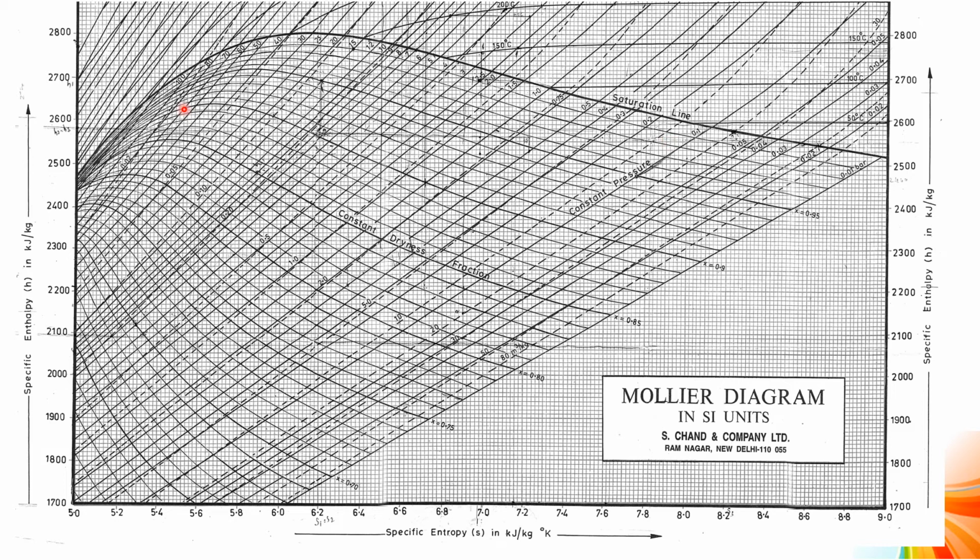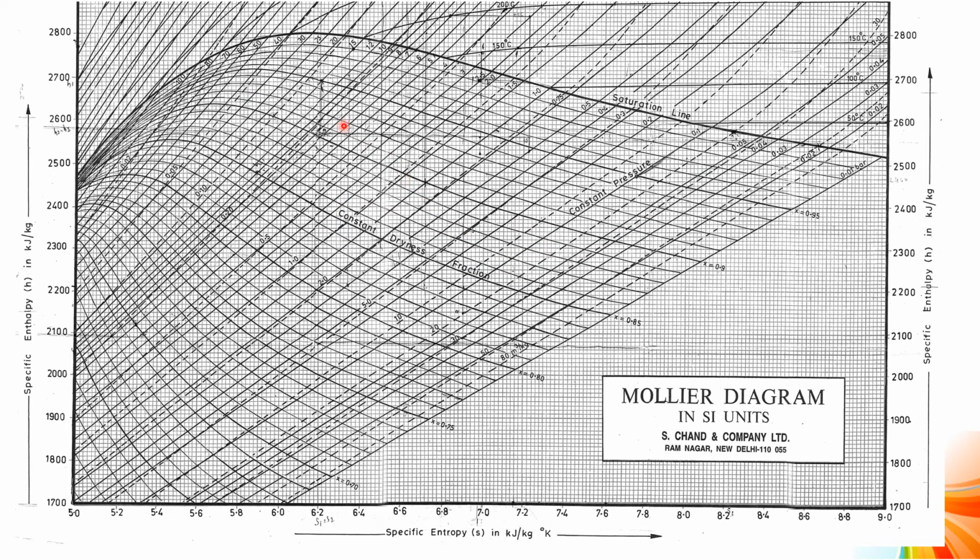The region below the saturation line is known as the wet region and the region above the saturation line is known as the superheated region. These curves perpendicular to the saturation line are known as constant pressure curves. The curves parallel to the saturation curve are known as constant dryness fraction curves.